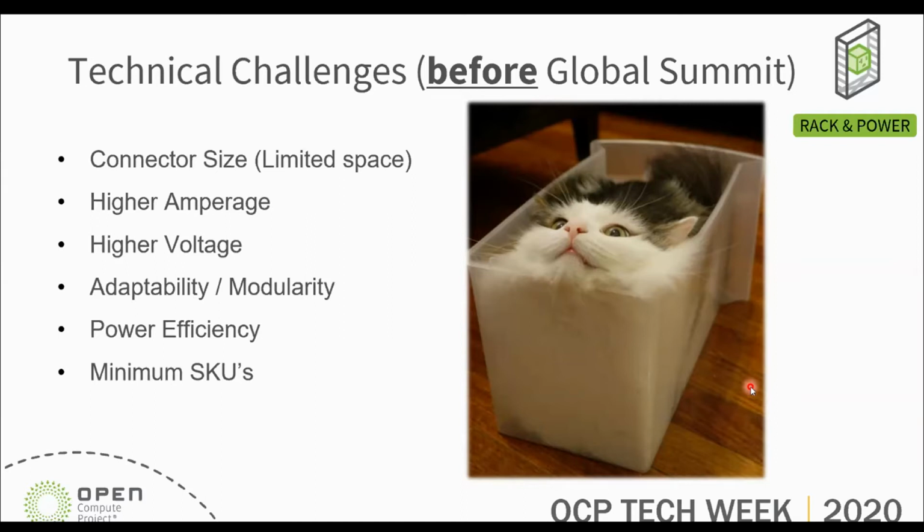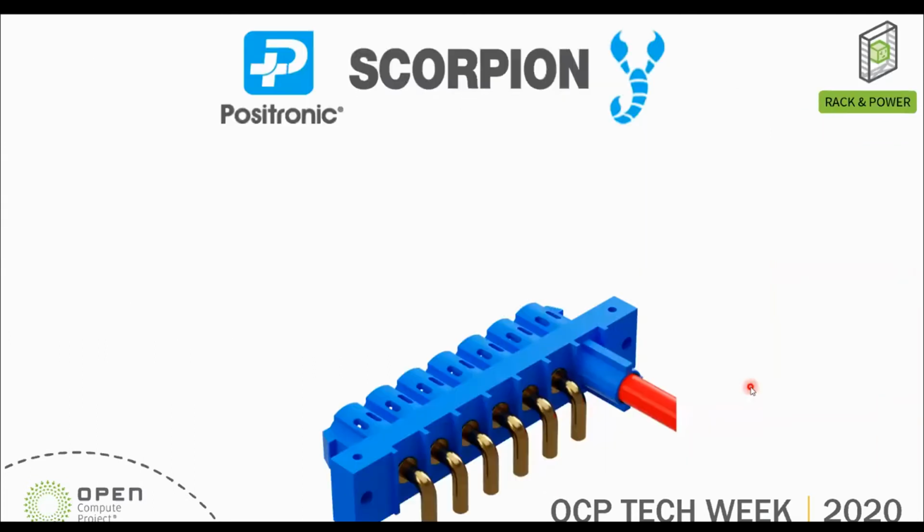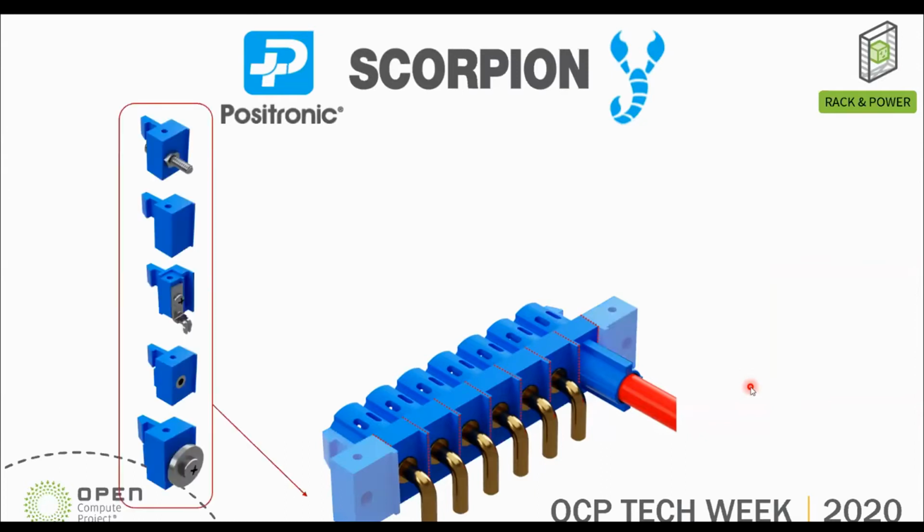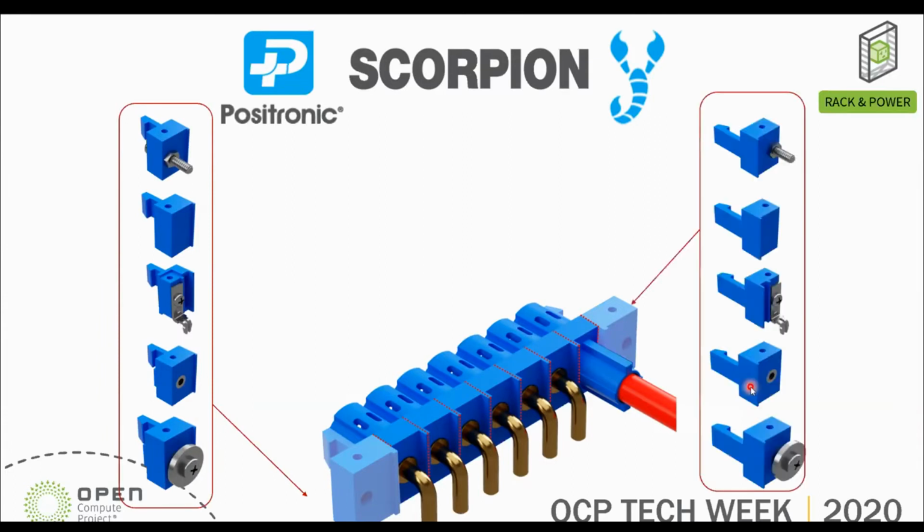Then we achieved almost everything, presented our connector and made a sample. The product we used to design this for V3 is our Scorpion Series concept. This is a modular connector for V3, with different accessories and different types of mounting options available.